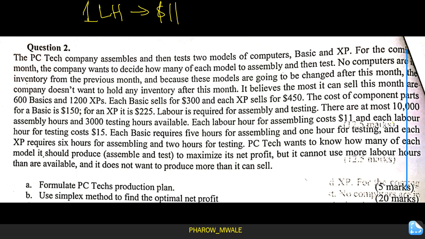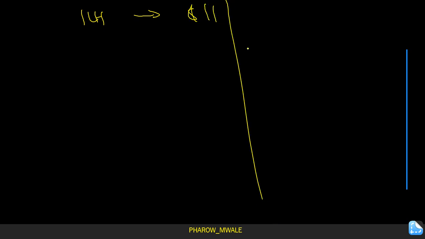And each labor hour for testing, let's write them here. In fact, let me do this so that people can see clearly what we are doing. I'm going to say assembly here, and then I'm going to say testing here. This is just for our workings.